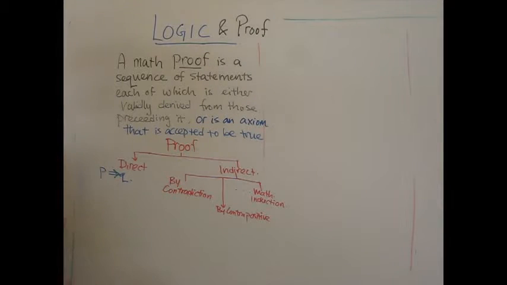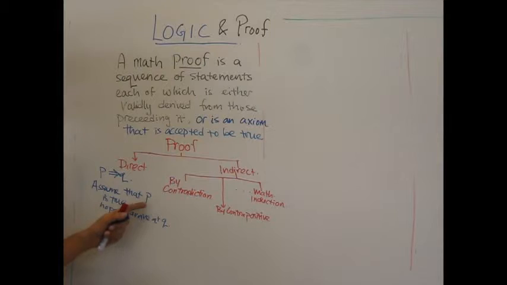For this type of proof, we will assume that P is true, and then we work our way through, and hope to arrive at Q. If you can arrive at Q, then you have completed the proof.